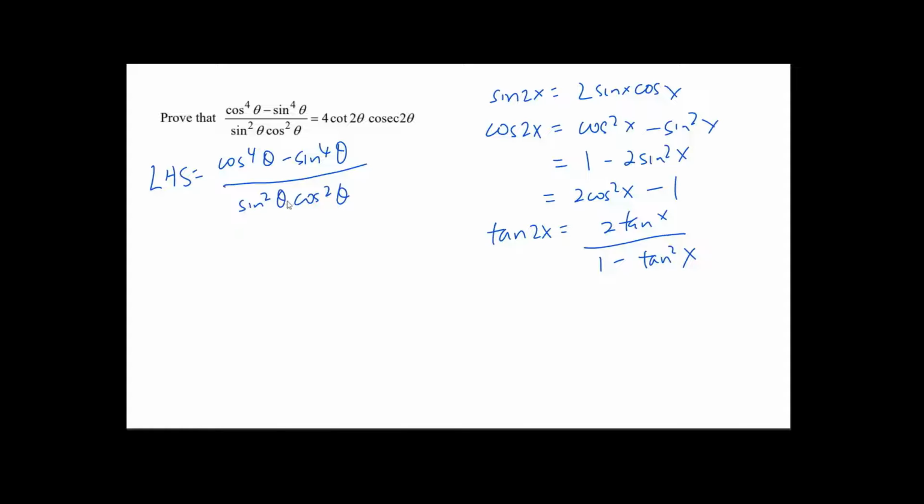Once I see sine squared theta cosine squared theta, it reminds me of this. So how do I get a square? Well, I simply need to square this portion here.